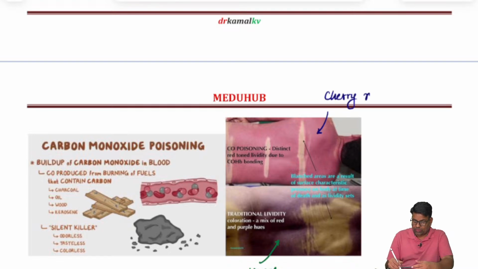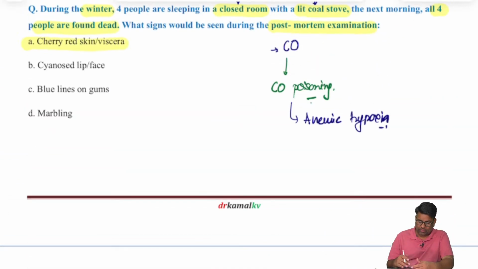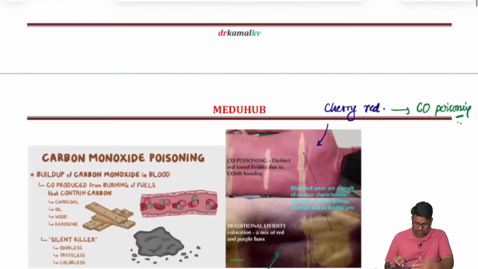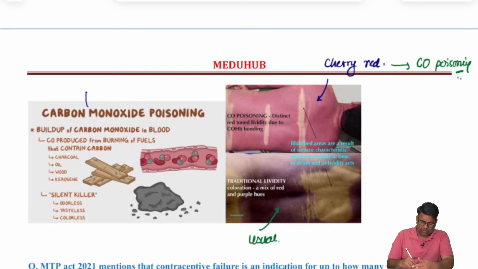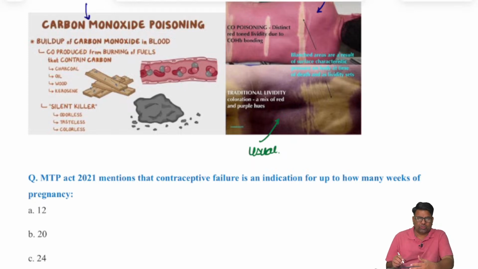So this is the cherry red post-mortem staining, and this suggests that death is because of carbon monoxide poisoning. This was the actual scenario, and the answer would be cherry red skin or cherry red viscera. The reason is that there was carbon monoxide poisoning as the room was closed and the stove was burning.